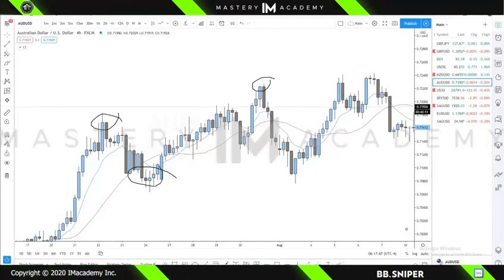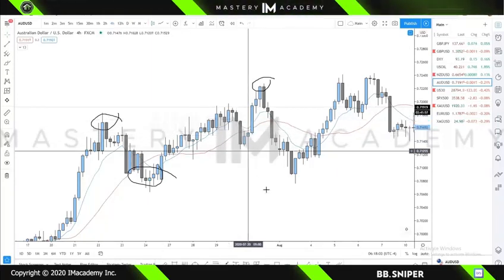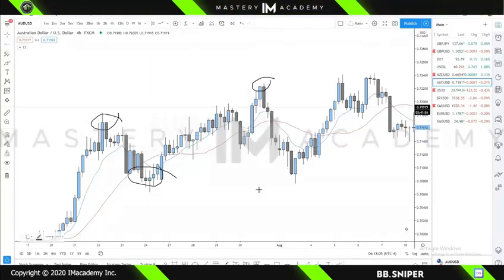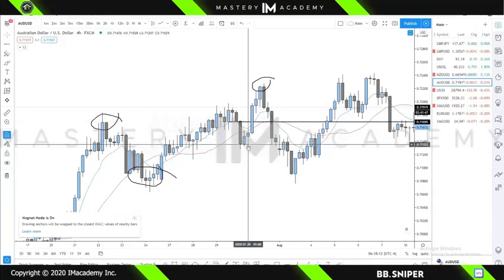Now, based upon the rules of validating structure, technically, this is not a valid 4 hour higher low point to me. Why? Again, you need to refer to the rules, but I'll give a quick refresher. For one, the first qualification is we need 2 bearish candle closes below the last bullish candle before the retracement or the pullback.